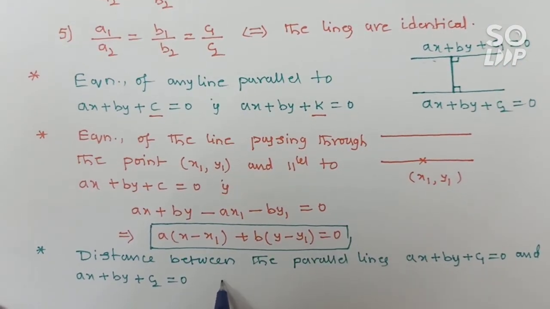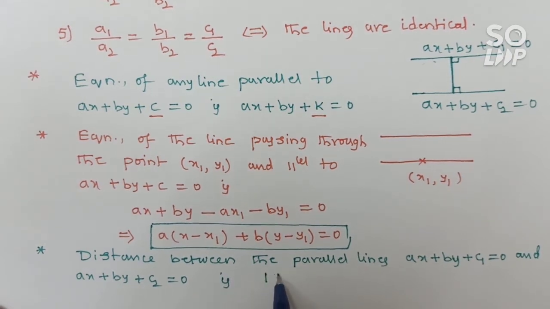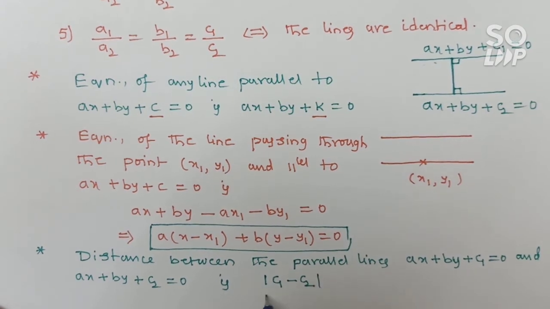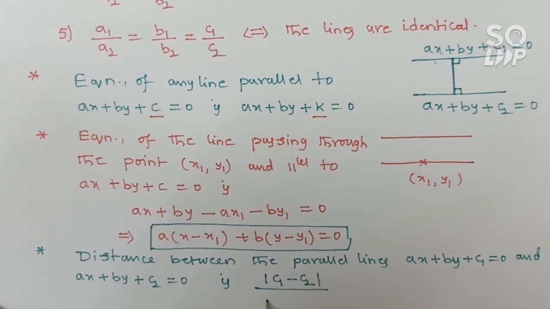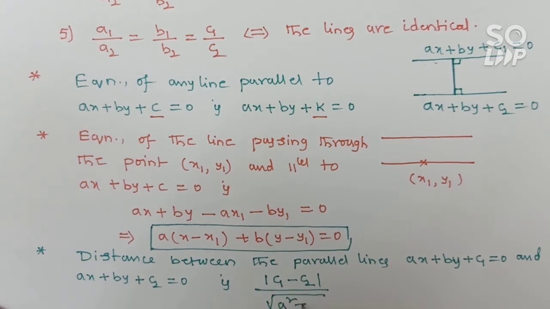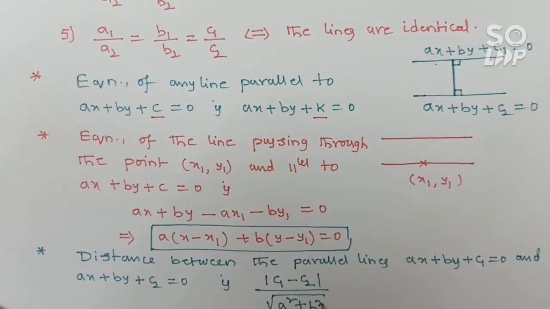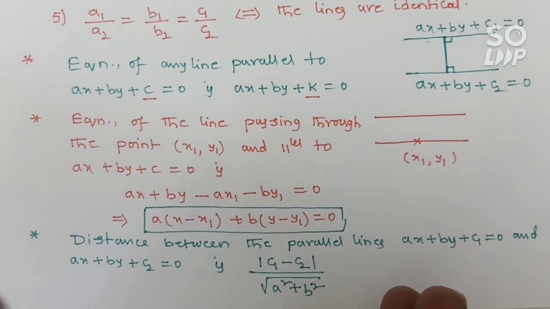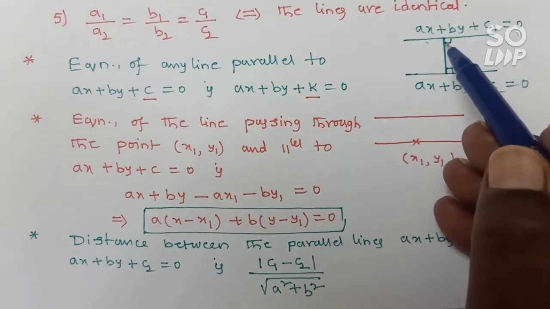What is the formula? Modulus of c1 minus c2 whole divided by root of a square plus b square. So this one is the distance between the two parallel lines.